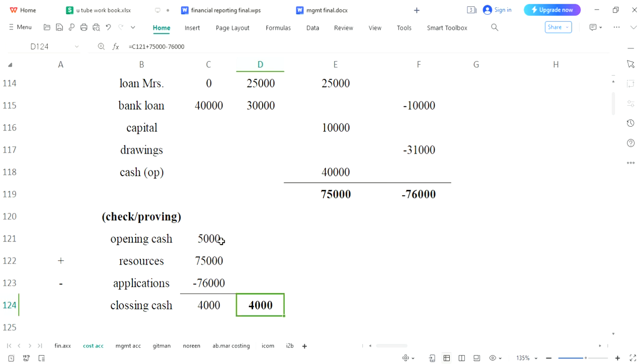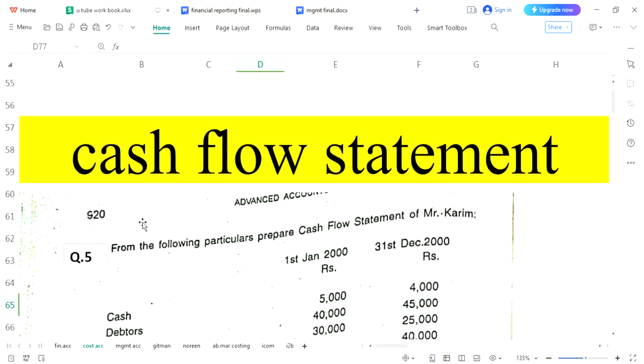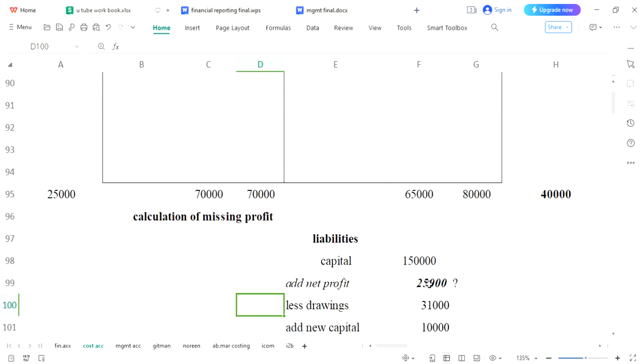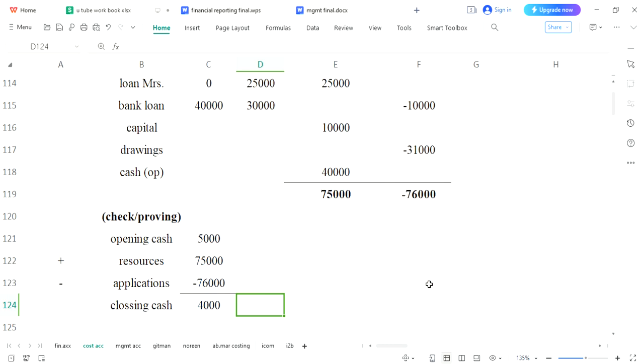So I'm sure that you people have understood. Once again I'm telling you, this is how you can check that your question is okay in your exam. Simply go to your question, opening cash and closing cash, 5 and 4. Simply add all the resources to opening cash, subtract all the applications from opening cash, and you will get closing cash automatically.